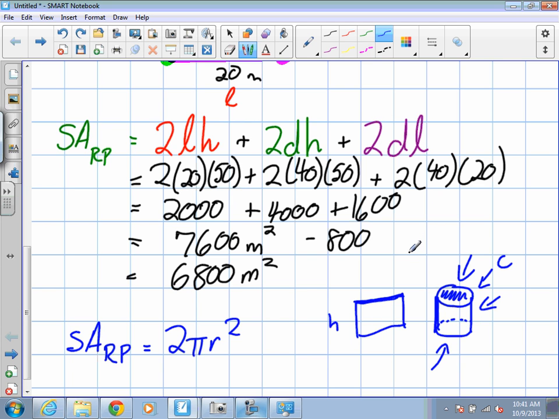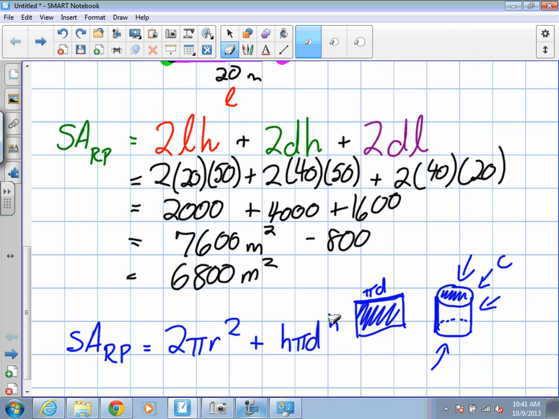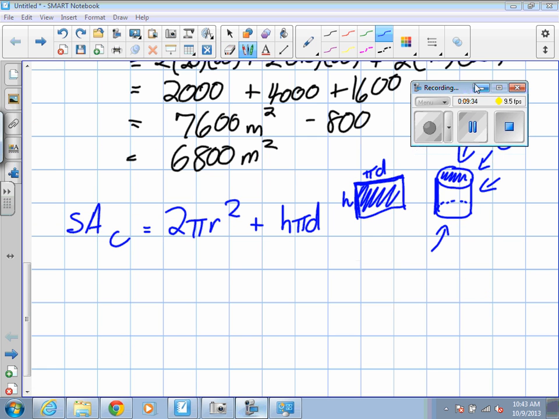And there's only one. So to find the area of this, we would multiply h times pi times d. Once we have all the areas, we add them together. Yours may be written a little different, and this is not an exponent. So again, this is the surface area of that cylinder.